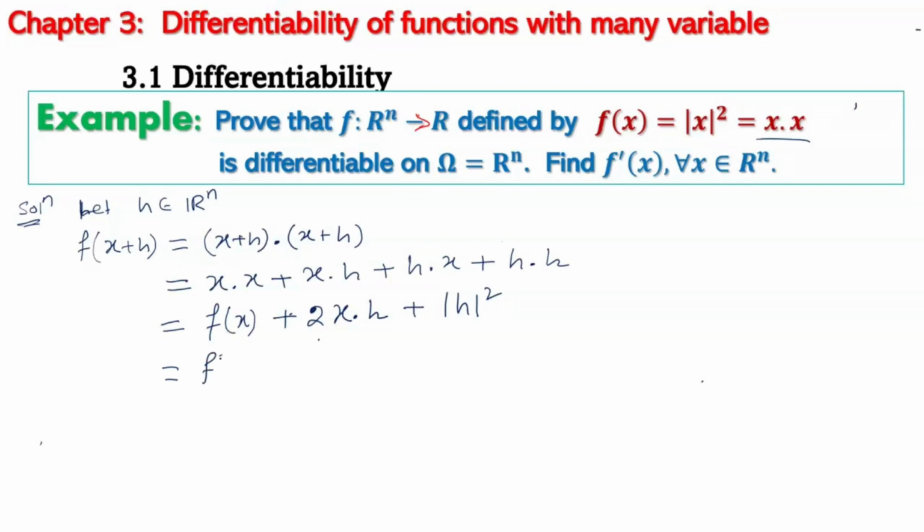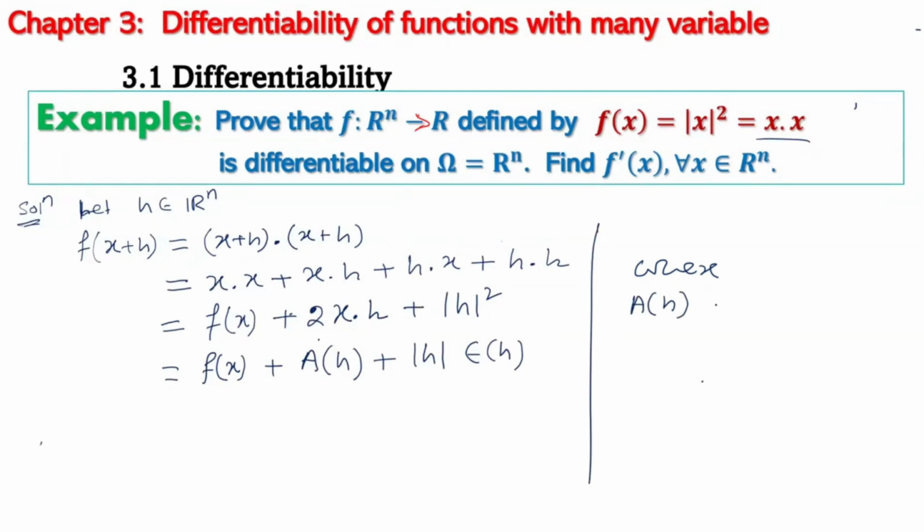So this is equal to f of x plus A of h plus absolute value of h times epsilon of h, where A of h is equal to 2 x dot h and epsilon of h is equal to absolute value of h, because we separate the absolute value of h whole square as per our requirement into absolute value of h multiplied by epsilon of h.